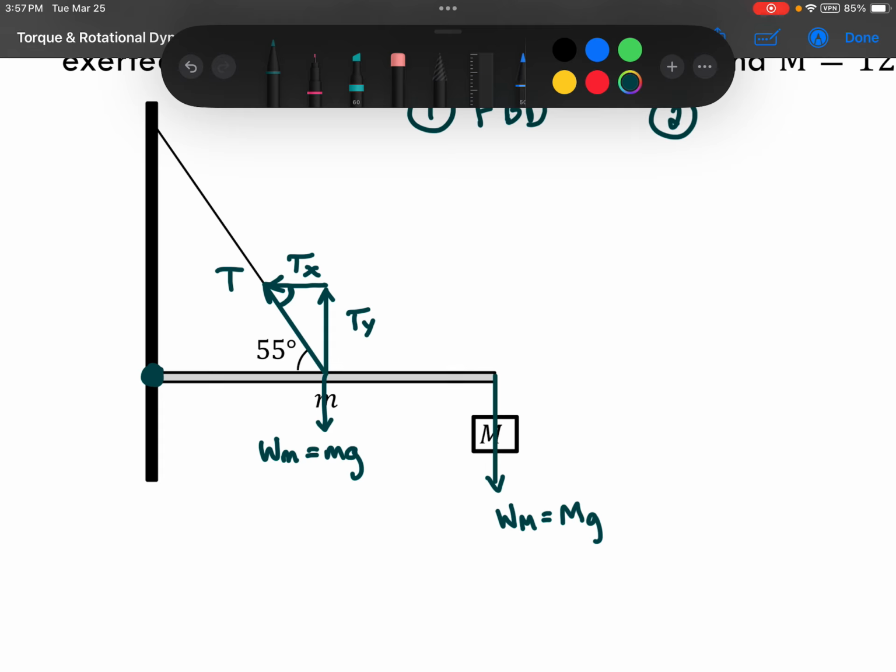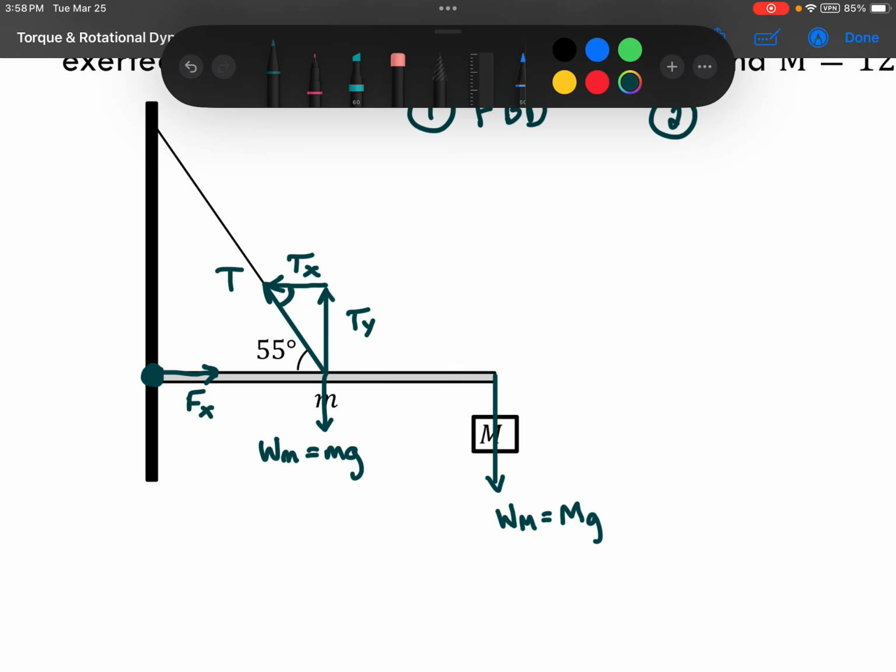Well, if it's going to be in static equilibrium, that means we need a force to the right. So we can go ahead and imagine that some part of this has to point to the right. So we'll have Fx. Oh, it really does not want to draw a horizontal line. Okay, let's just go with that. Fx.